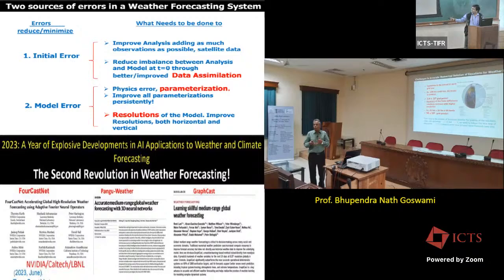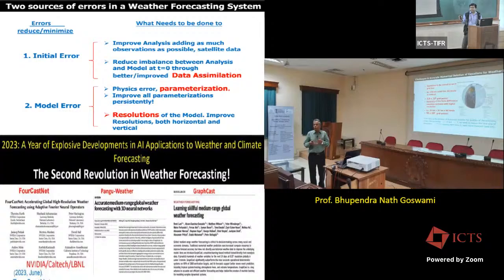So these are some of the recent, we would say, revolutionary developments that have taken place related to weather forecasting using AI: ForecastNet, Pangu Weather, GraphCast. These are all machine learning based weather forecasting models which have been able to reach at least as well, and in some cases even better than traditional weather forecasting systems based on physics.